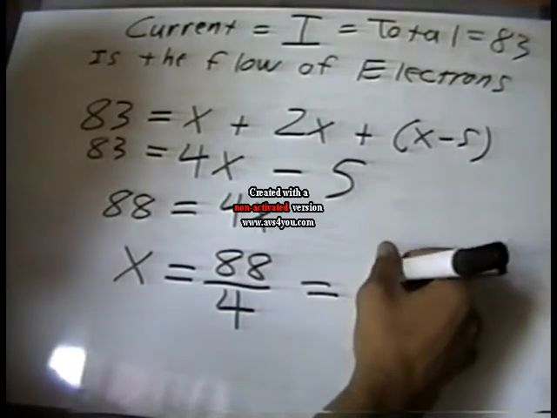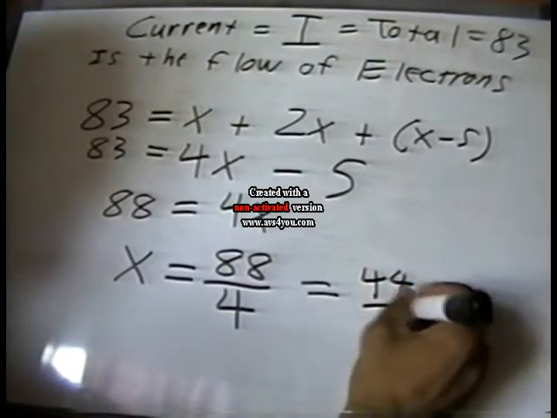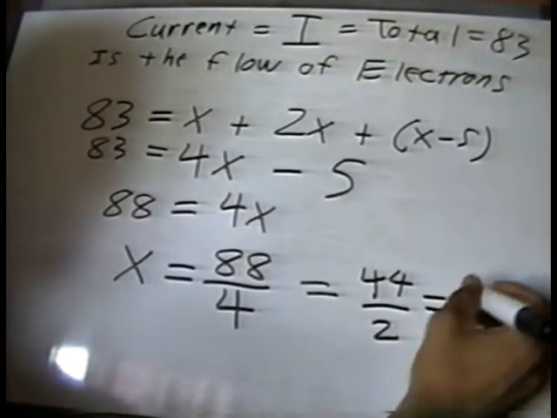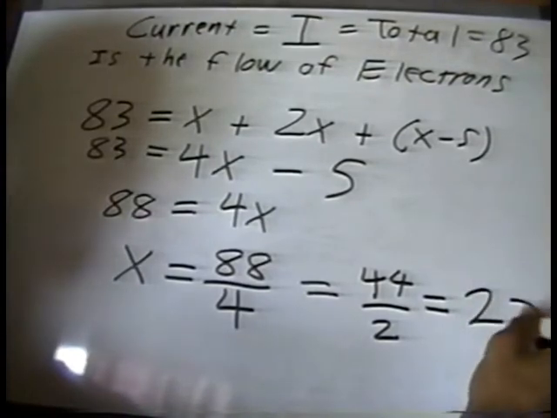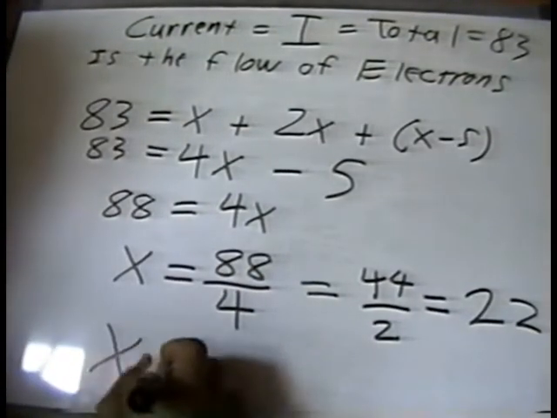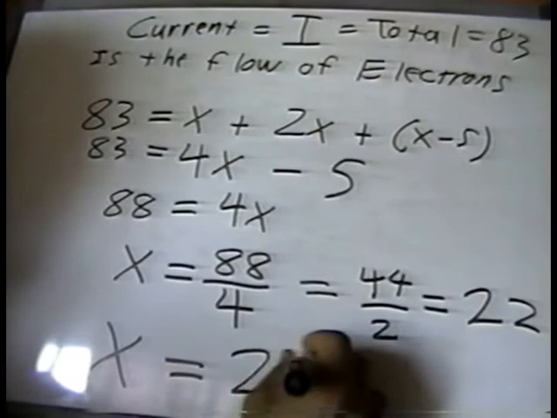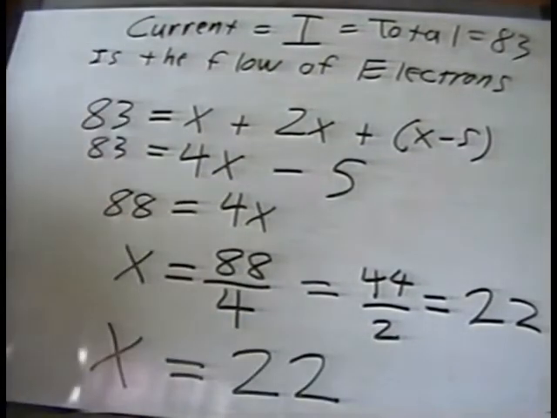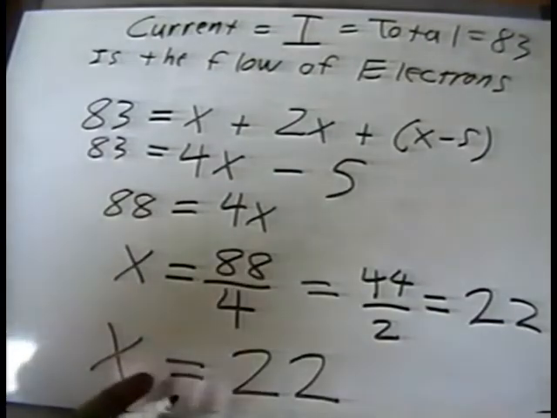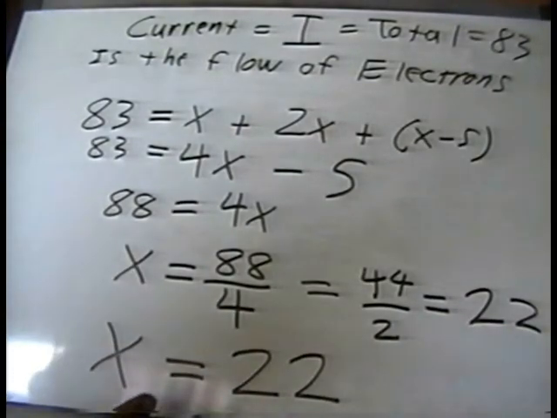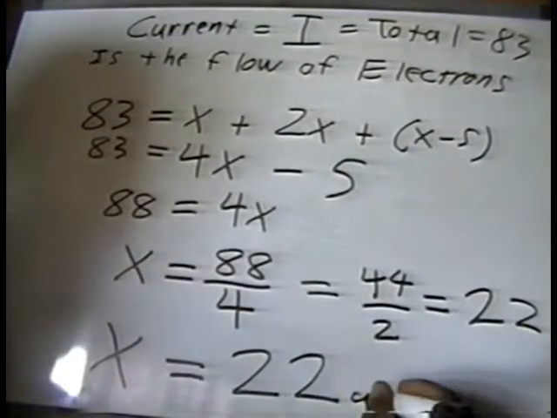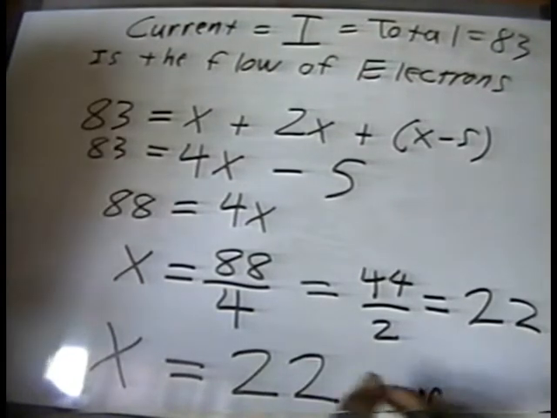Now here we bring the 4 under the 88, or divide both sides of the equation by 4. X equals 88 over 4, or if we divide both the numerator and denominator by 2, we get 44 over 2, which is equivalent also to 22.